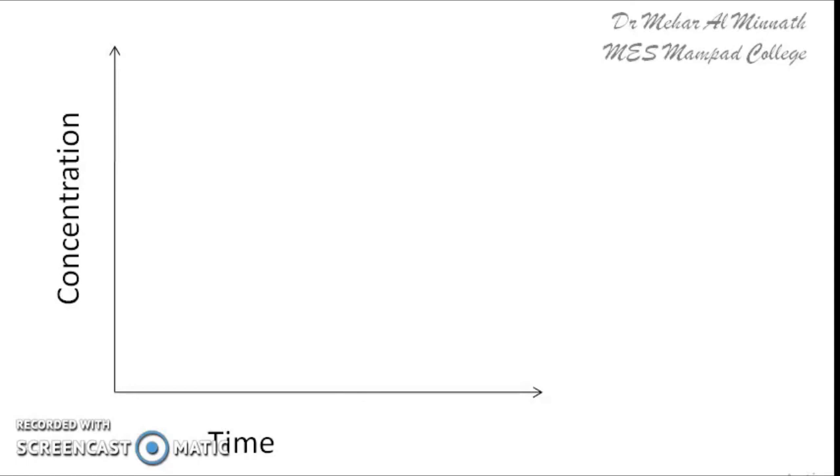If you are determining the optical density, you can put that instead, and so on. Now you are going to monitor the change in concentration of the reactant. So the reactant concentration is decreasing. Initially there is a drastic decrease, then slowly the decrease almost flattens.